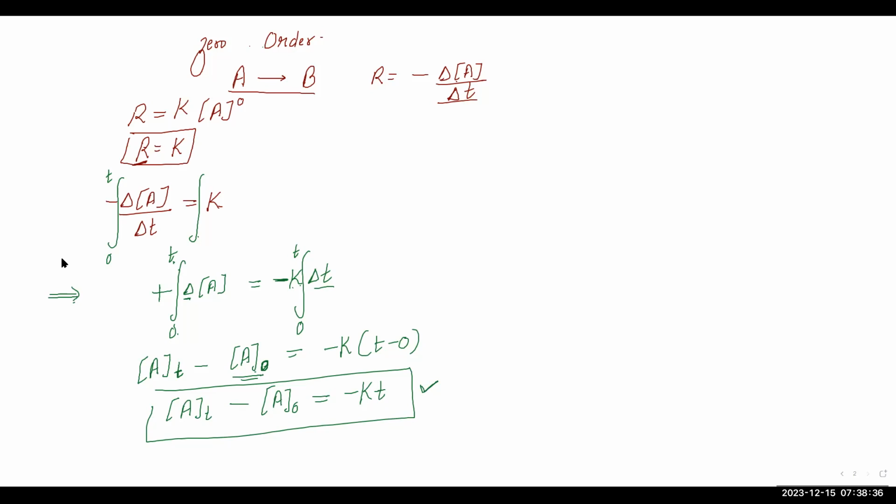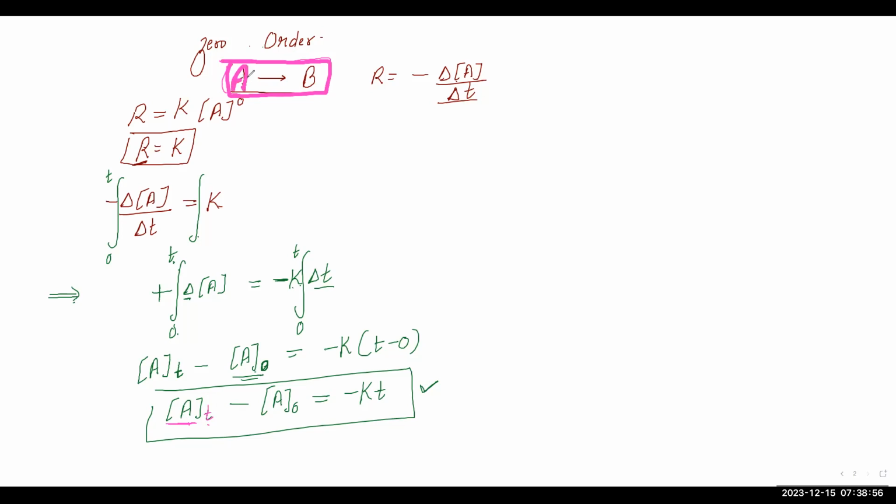What is A T? This is the concentration of the reactant at any time T. A is the reactant. See here, this is the reaction which we are talking about.